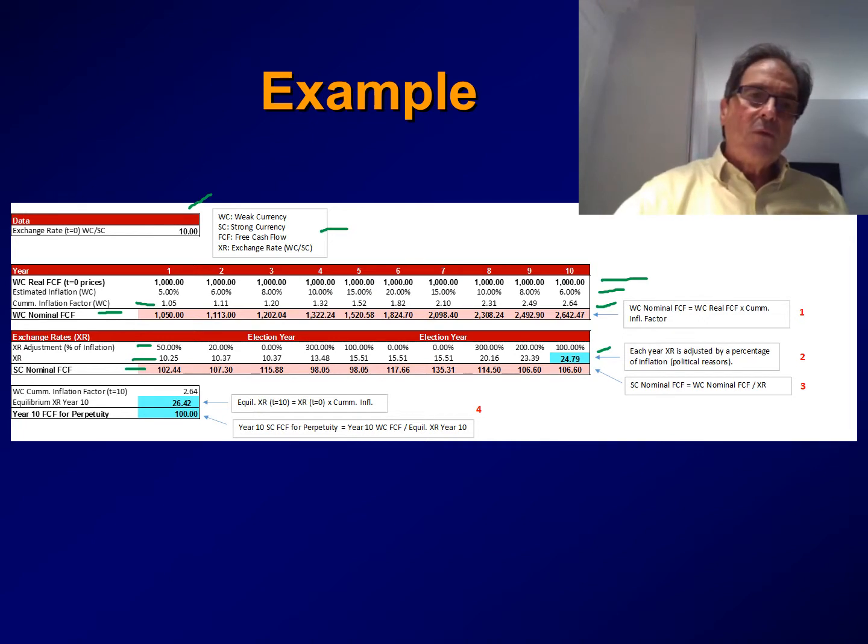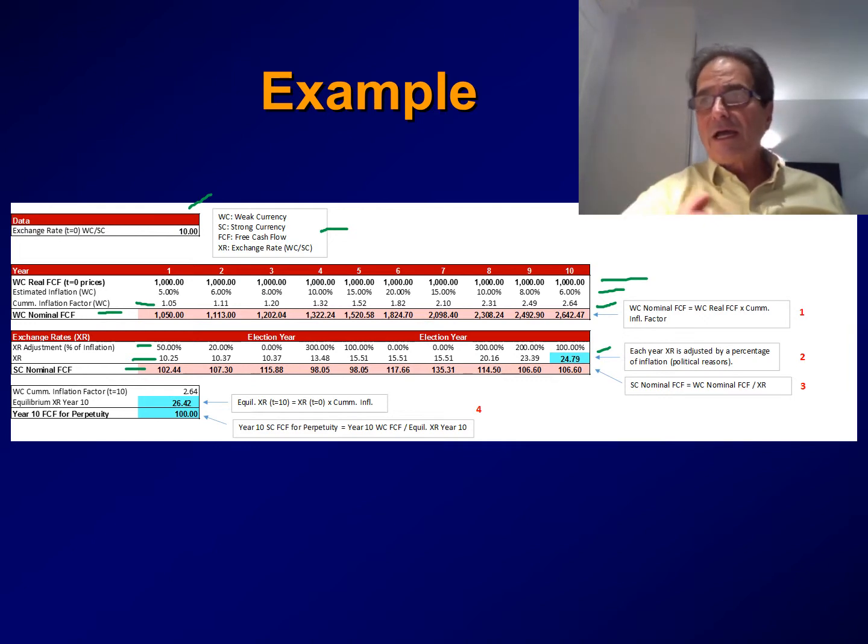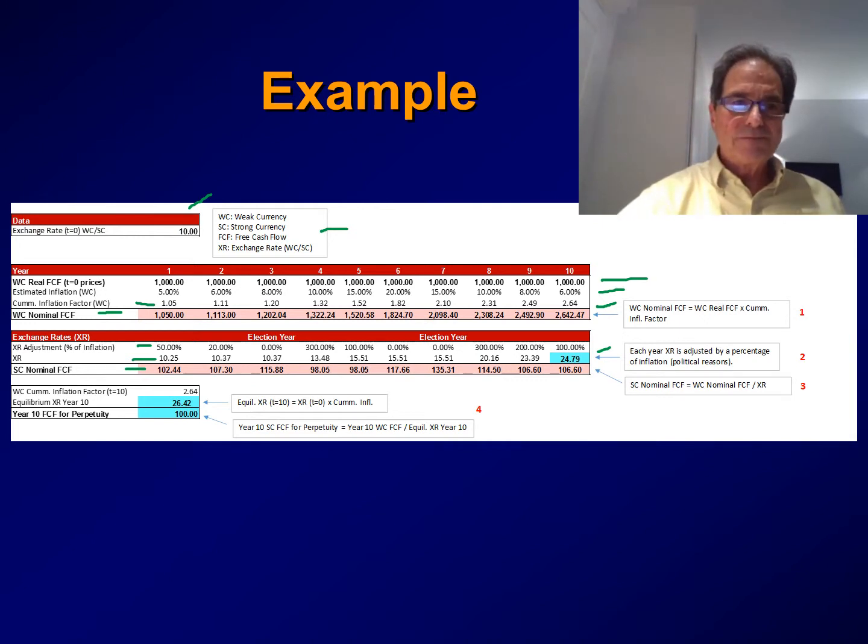But what would have happened if the exchange rate were in equilibrium, meaning that the final exchange rate at the end of the 10 years reflects exactly what is going on with inflation? We know that cumulative inflation in weak currency is 2.64 for the 10 years. So the cumulative inflation factor is 2.64.